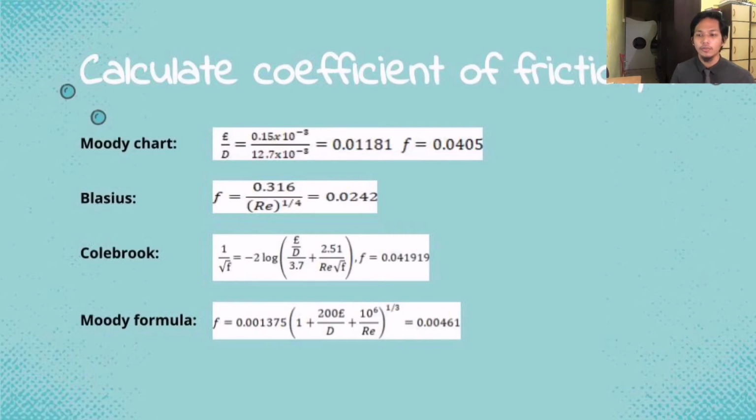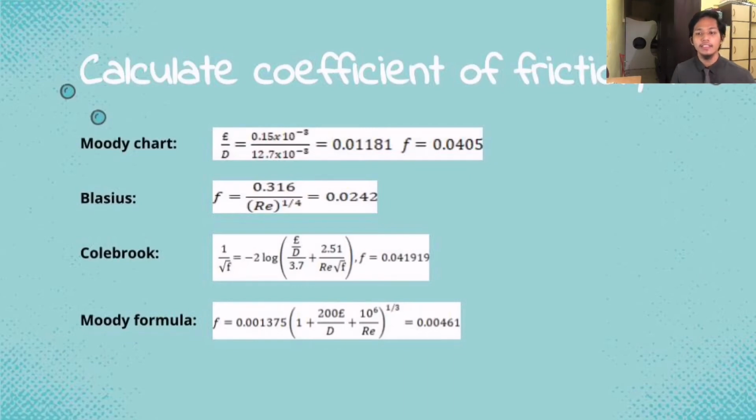For the Colebrook formula, the equation is 1/√f equal to -2 log of (e over D over 3.7 plus 2.51 over Reynolds number times square root f). So the coefficient of friction we get is 0.0427.